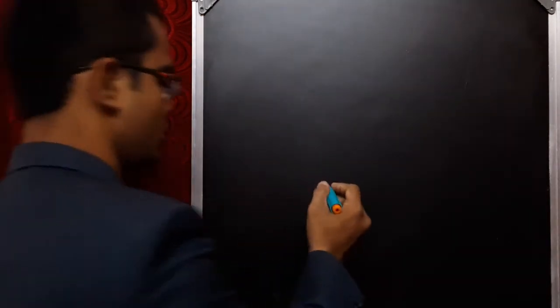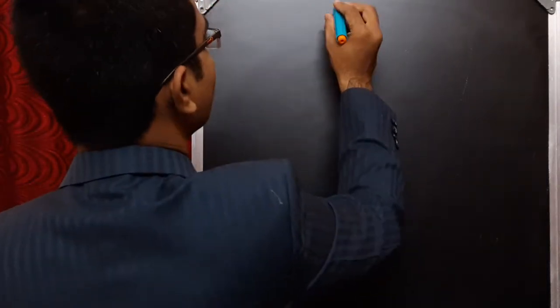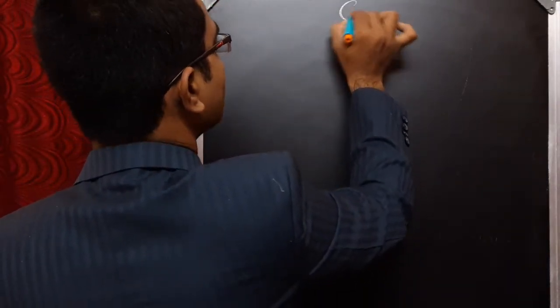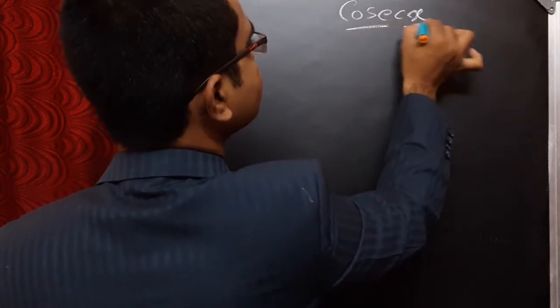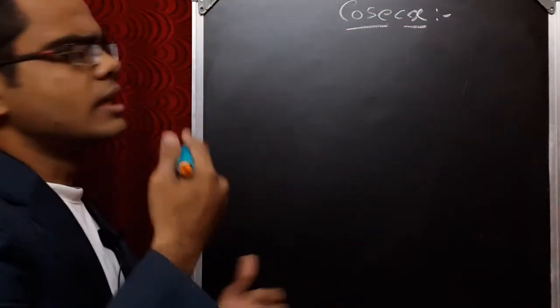Okay, so let's go to the graph of cosecant x, because cosecant x is nothing but the reciprocal of sin x.